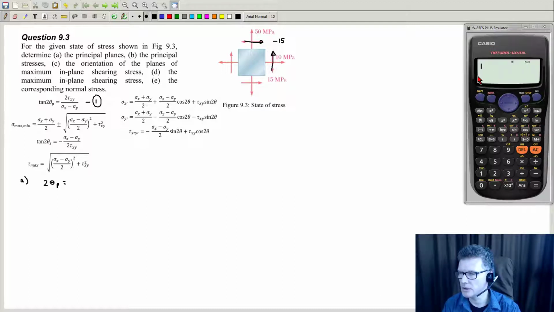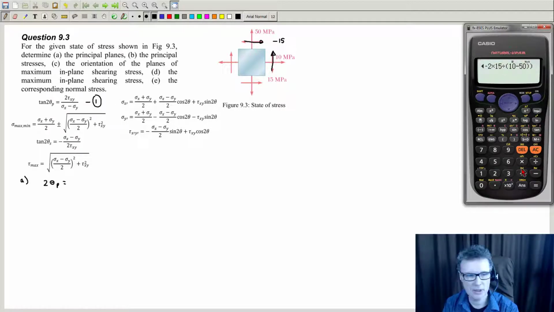So is this going to work? Actually, can I use this? First tan. So I've got -2 times 15 divided by 10, take away 50.